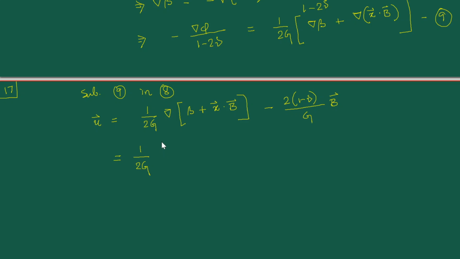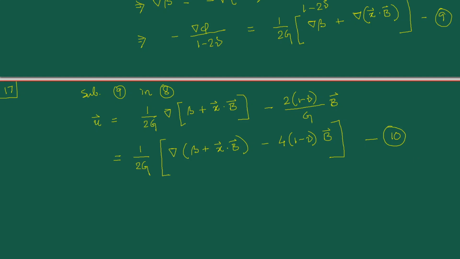So overall we have gradient of beta plus x vector dotted with b vector, minus, since we have taken a twice g out of here, this becomes 4 into 1 minus nu multiplied with the b vector. This is equation number 10.